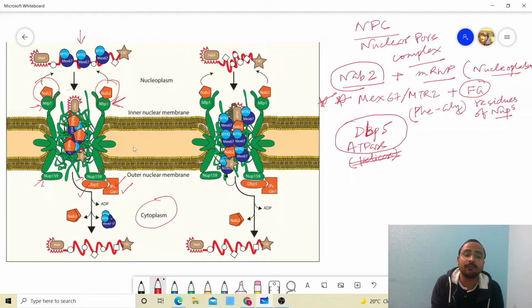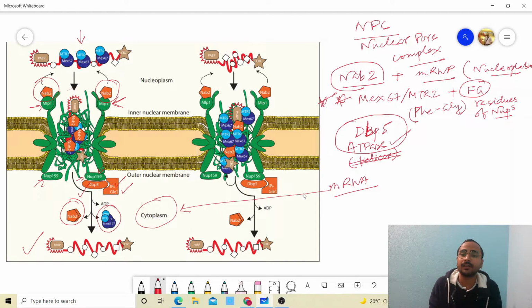Now DBP5, with its ATPase activity, removes NAB2 and also MEC67 MTR2, and now the mRNA will be free of these proteins. So there will be no mRNP; now we will get free mRNA on the side of the cytoplasm, because DBP5 removed NAB2 and MEC67 MTR2.